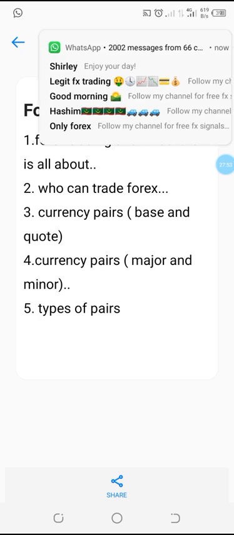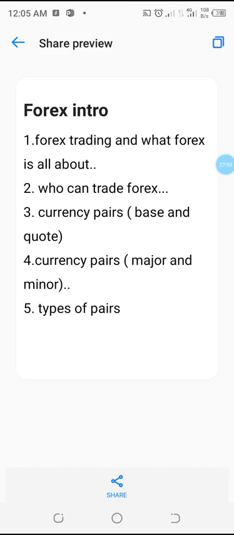Then the types of pairs. I said there are two types: the USD pair and the Japanese pair. I hope you guys understood what we did today.